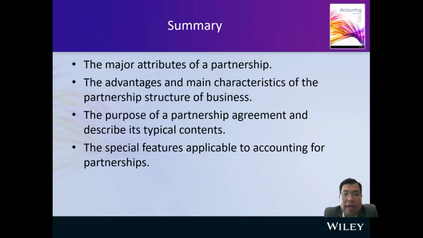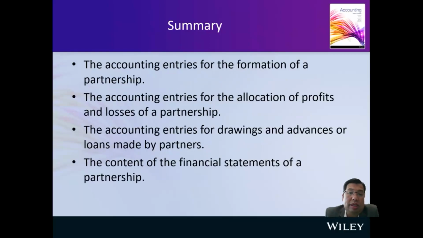So as a summary, there are major attributes of partnership. There are many attributes that I have highlighted. There are advantages of the partnerships and also the purpose of partnership agreement, the importance of partnership agreement, and what is the special feature applicable to accounting for partnership. Always remember that we have method number one and method number two in recording the interest of the partners.